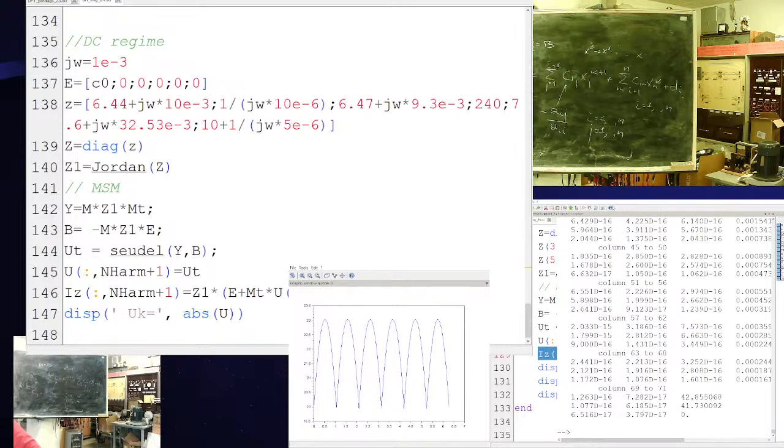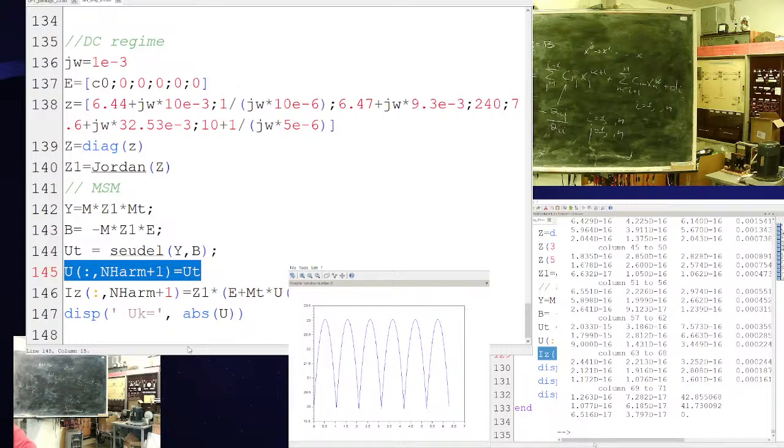Okay, what's next? At this moment, I have a matrix of voltages with such structure. Row number is the number of the node, column number is the number of the harmonic, plus I have 70 rows, and row 71 is the DC regime.